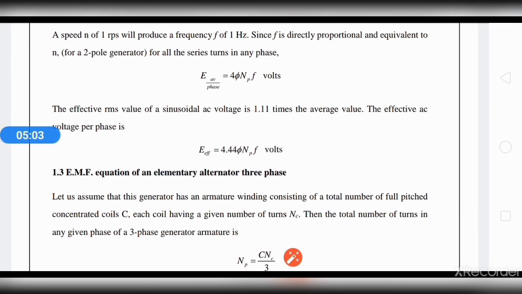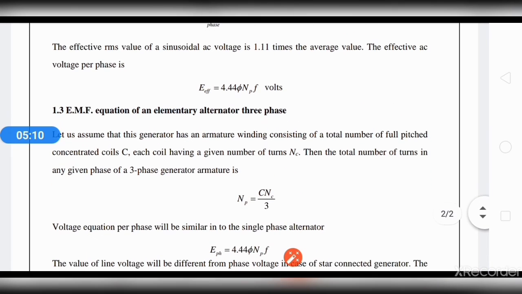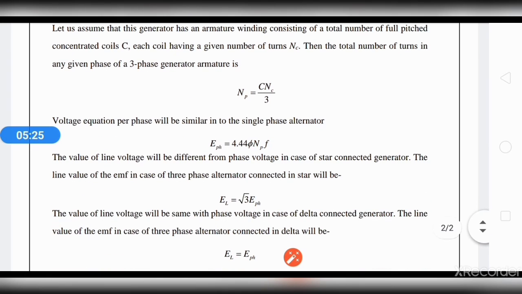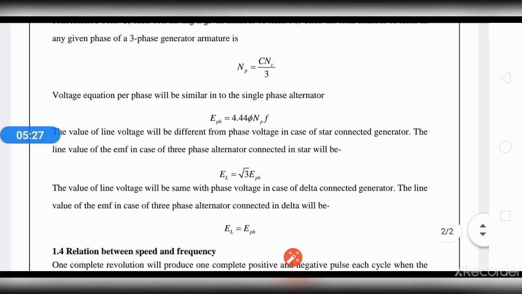alternator or synchronous machine. So far we have talked about the single phase alternator. For a three phase alternator, the number of turns in any given phase of a three phase generator is divided. We will divide the Np by 3, which we got in the single phase synchronous machine, and here the EMF induced per phase we have to multiply by root 3, so that we get the EMF induced in the line value.